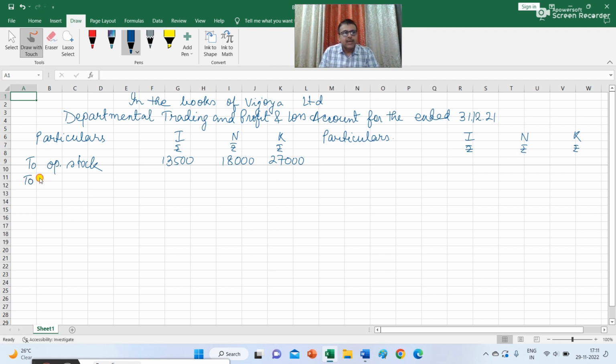So on the debit side we have to write here two materials: 36,000 for Department I and 54,000 for Department N. Then the manufacturing expenses we have to record here on the debit side: 22,500 for Department I and 45,000 for Department N.